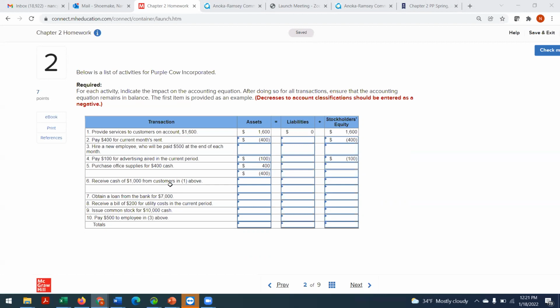When we receive cash of $1,000 from customers in one above, remember we provided services to customers on account, which means we would have debited accounts receivable and credited the sales revenue. If we received $1,000, then we will debit $1,000 cash, and we will credit $1,000 of accounts receivable.